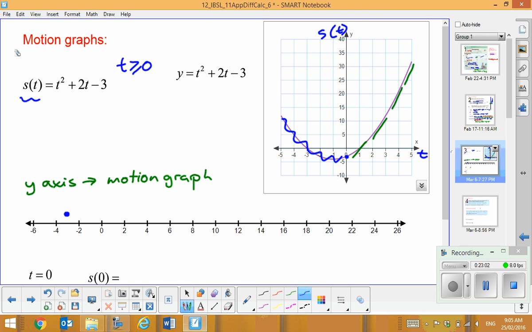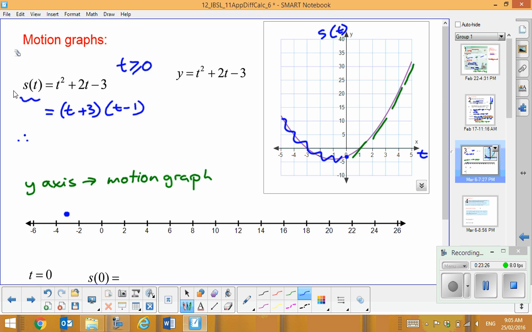All right. Where is it at time 1? We're at about 1.5 seconds. It's at 0, right? At 0. If you factorize your quadratic, you get t plus 3, t minus 1.